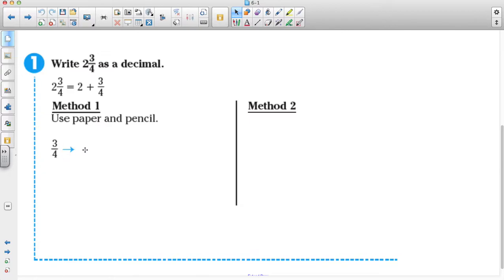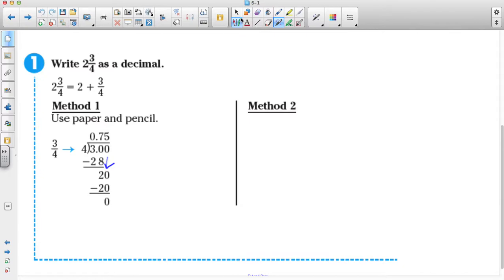That means 3 goes inside, 4 goes outside, and we bring up the decimal point and start dividing. How many 4s go into 30? That would be 7. 7 times 4 is 28. Subtract that, that would be 2. We simply bring down the 0. Then how many 4s go into 20? That would be 5. Subtract 20, and we end up with a 0.